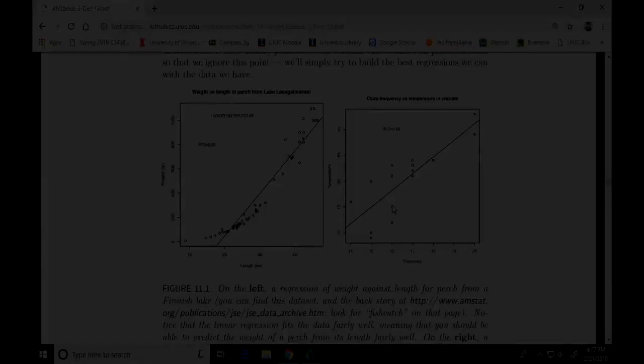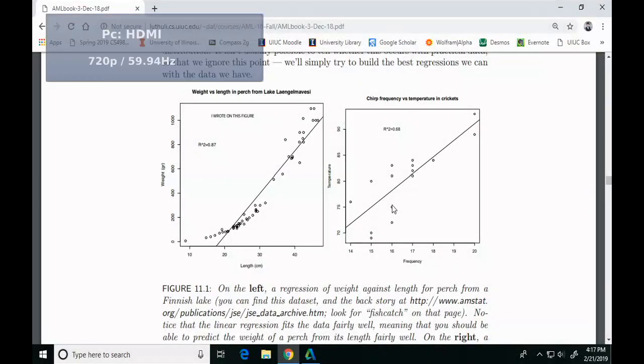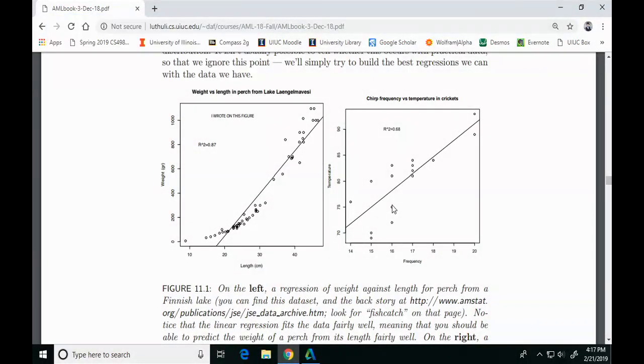Now, let's look at this example so you guys can see what regression actually looks like. Here's a regression, and there are actually two different examples here. The left one is where somebody measured the length of fish versus their weight.